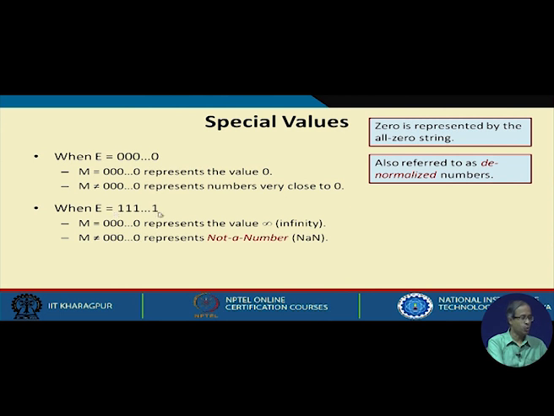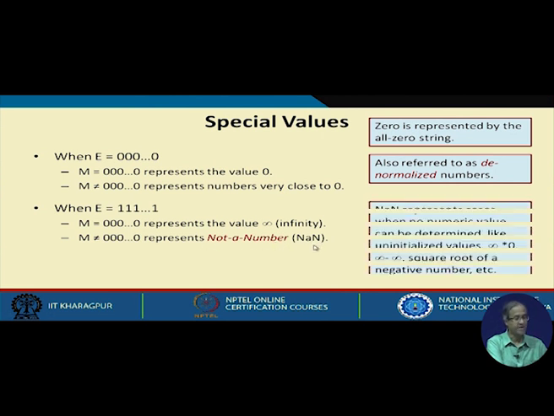And when E is all 1, there is an interesting thing: the all 0 combination of the mantissa represents the value infinity. This is a representation in the IEEE format, and any mantissa which is not equal to 0 represents an invalid number, which means not a number, sometimes called NaN.